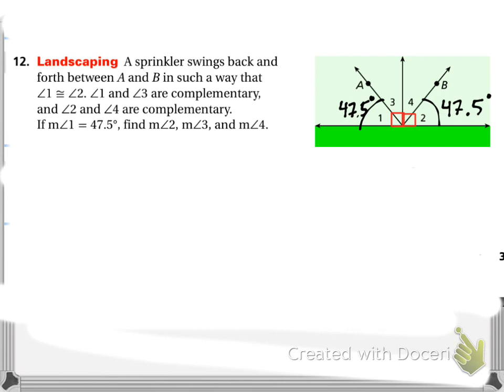And let's put in red here angle 3. And we know angle 3 and angle 4, are they congruent? No, it doesn't say that, does it? But what does this have to be, angle 3? Well, we're going to take this whole angle, 90 degrees, minus 47.5 degrees, and you're going to get 42.5 degrees here.